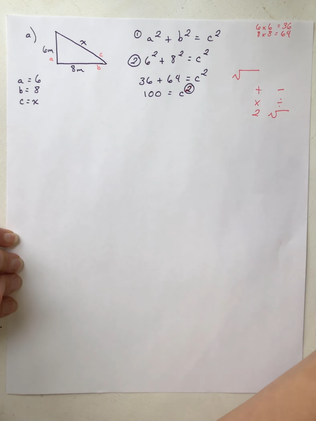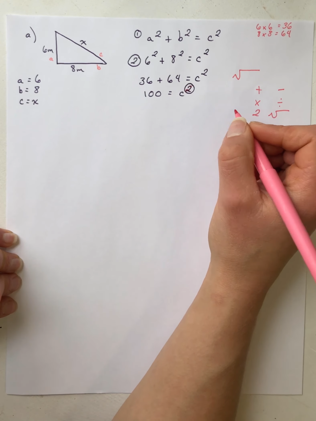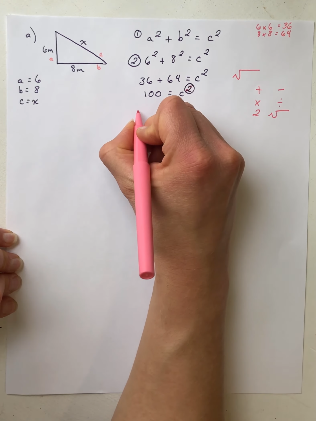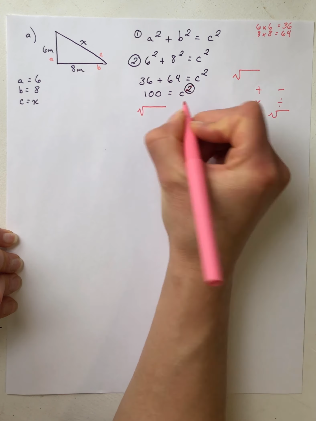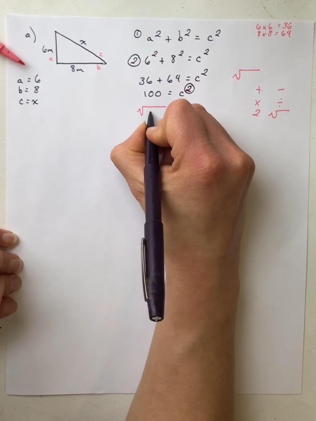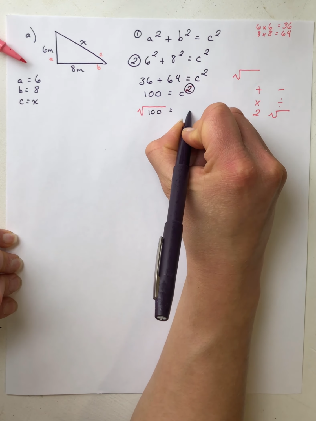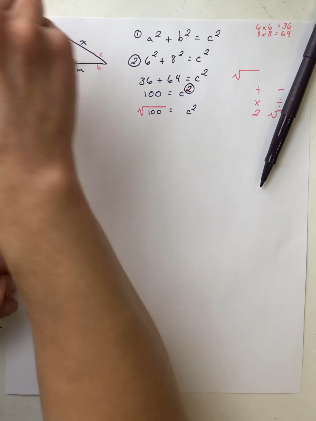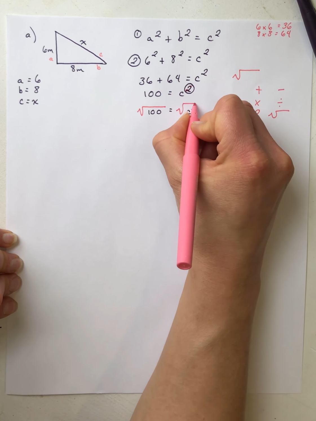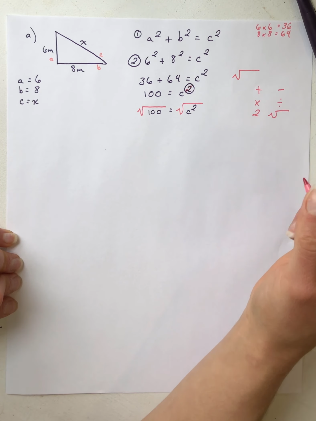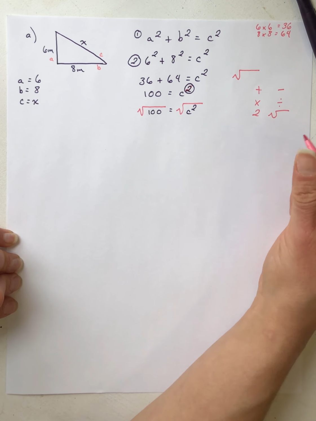Okay? So then if we take a look at this, we are going to square root both sides. So I'm going to square root my 100, and I am going to square root my c squared. Because whatever I do to one side, I have to do to the other, and I want to get c alone.